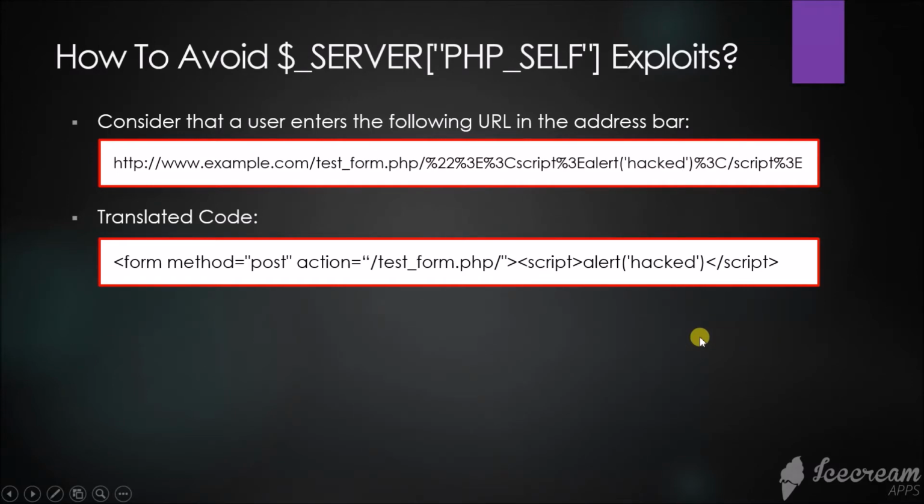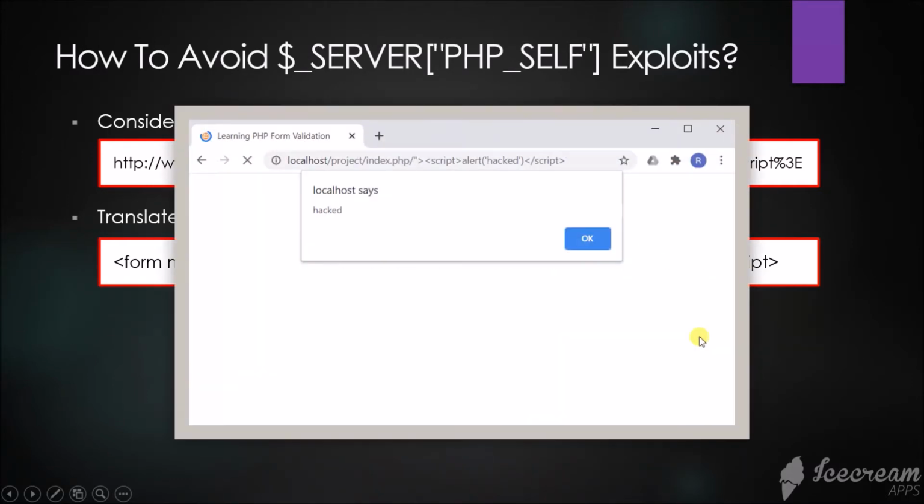So, once that particular code is executed, ganito yung mangyayari. Okay? So, what if guys, hindi lang alert message yung dinidisplay ng user? What if it is already a code that tries to ruin or compromise the entire process of the system? Okay? So, that's a big problem if that happens.